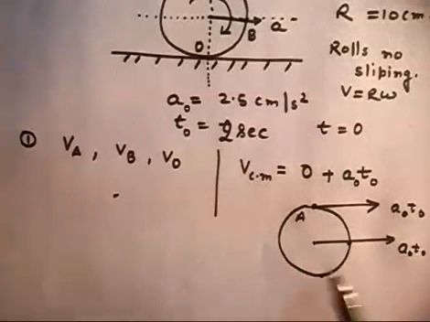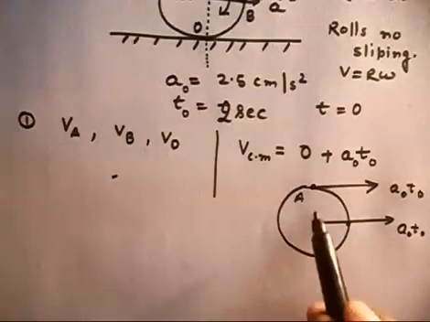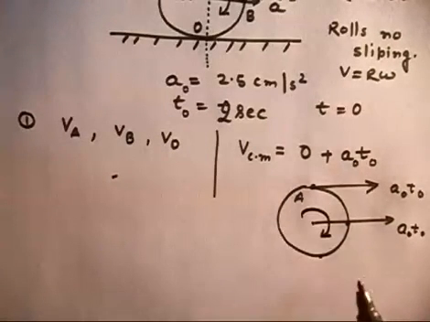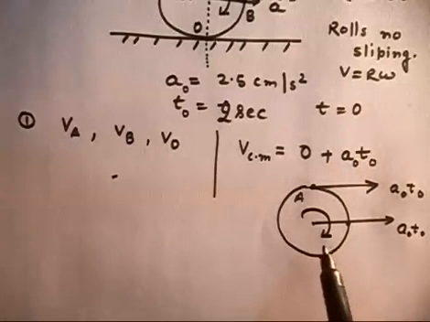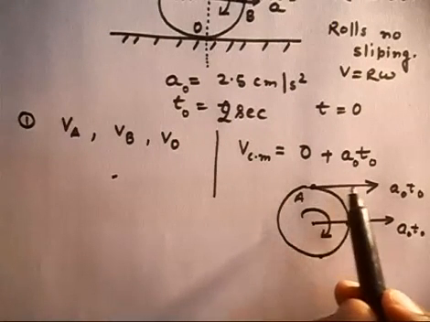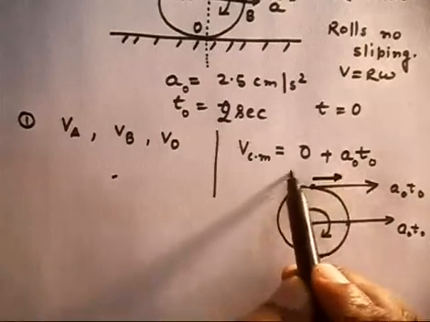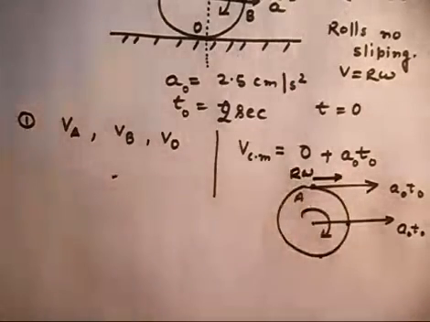This means everything is moving with this velocity. Now due to rotation, the velocity is r omega. So this will also have a tangential velocity r omega.